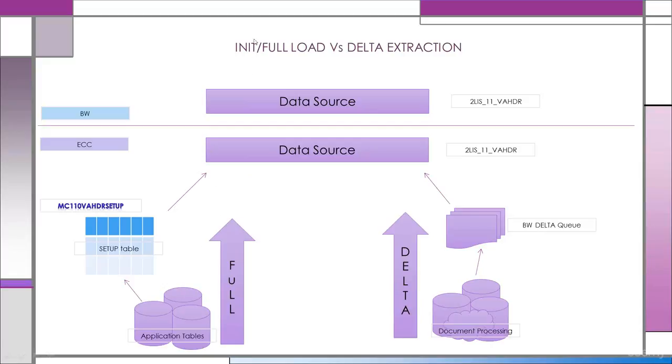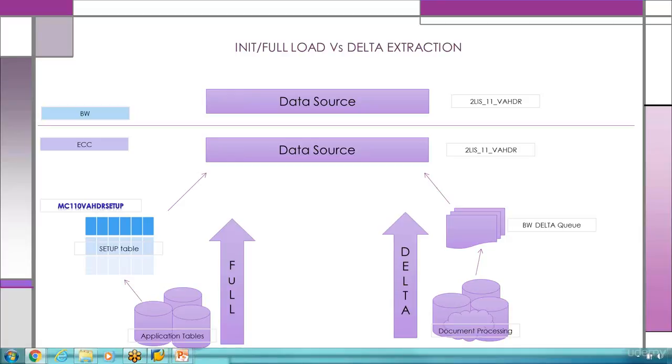In the initial or full load, from the application table, data is stored into something called the setup table. The setup table is a temporary table. It is represented like MC11, which represents what type of data source it is.